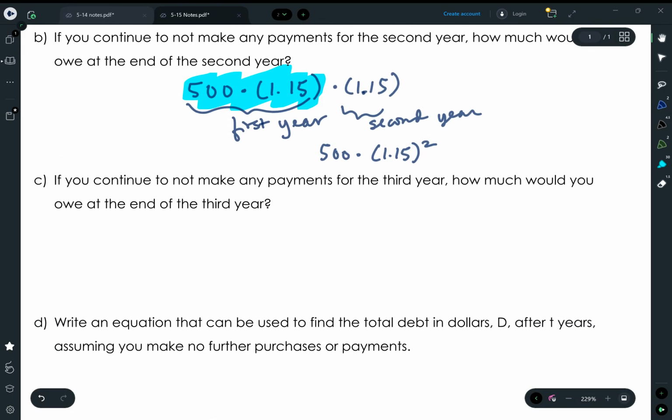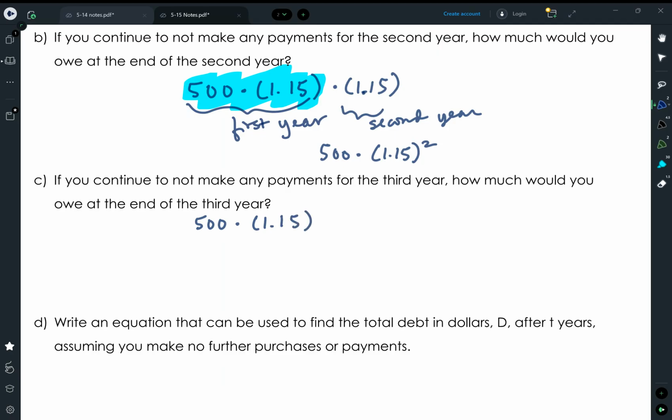If you continue to not make any payments for the third year, how much would you owe at the end of the third year? So let's go ahead and write down our first year and our second year. For the first year, we have the 500 times the 1.15. And in the second year, we have to pay 100% of that times another 15%. So we multiply by 1.15 again for the second year.